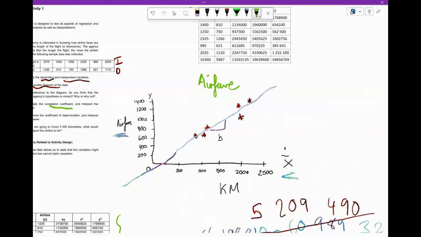Yes, if the flight distance increases, then our price will also increase. By how much? The slope is 0.4958, I think it was. So it's just to give us some sort of feel for the data that we are analyzing.